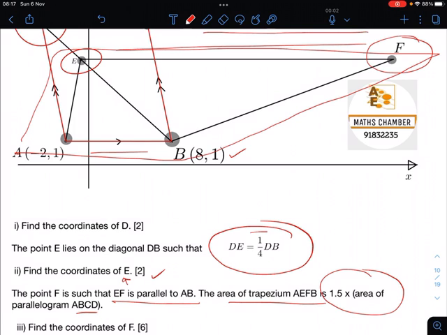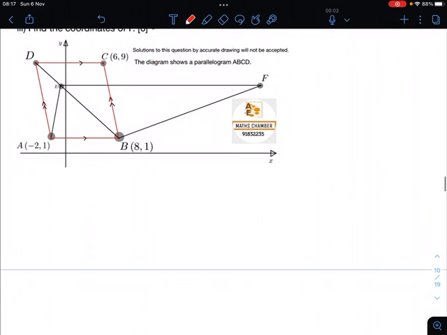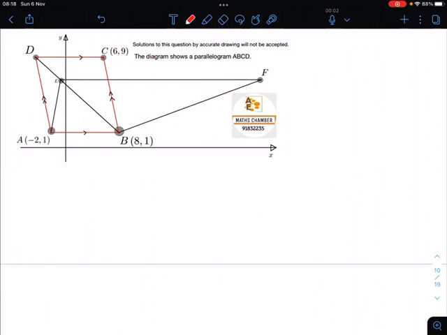We are required to find the coordinates of F, and 6 marks for us if we get it correct. Sounds nice, a beautiful question. Let's try to do part 1 first.